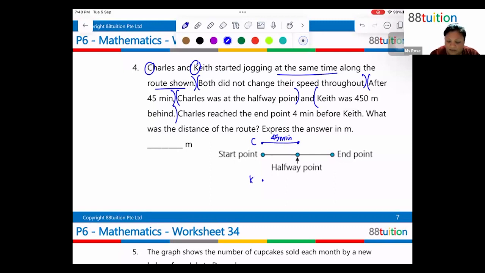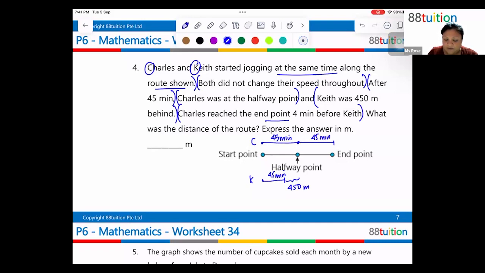So Keith is here at 45 minutes, which is 450 meters behind. So Charles reached the end point 4 minutes before Keith.